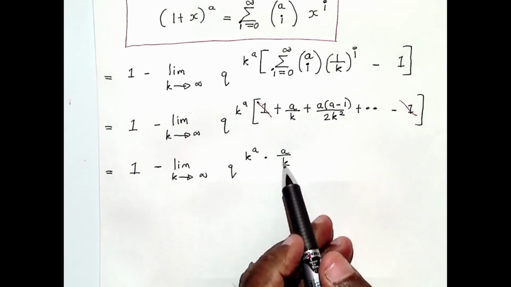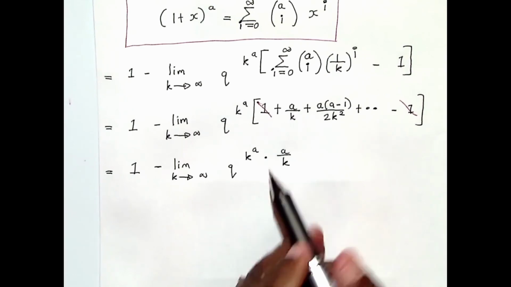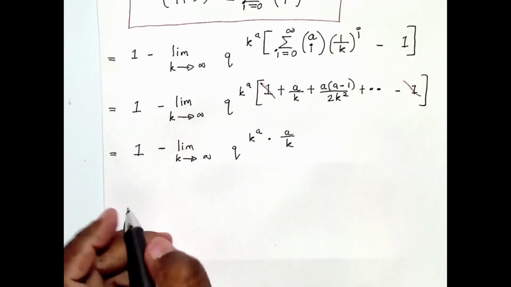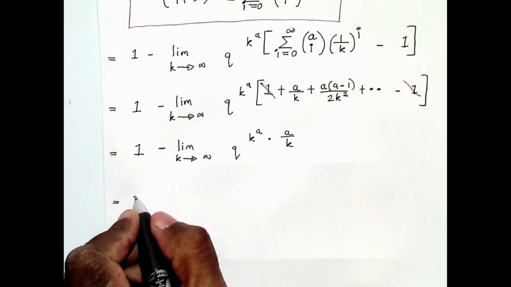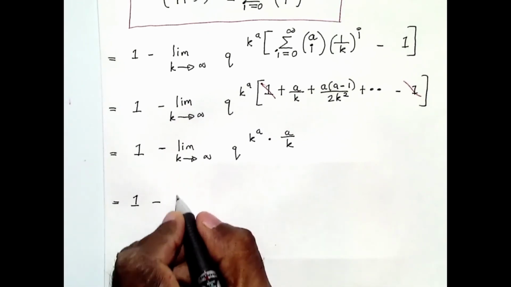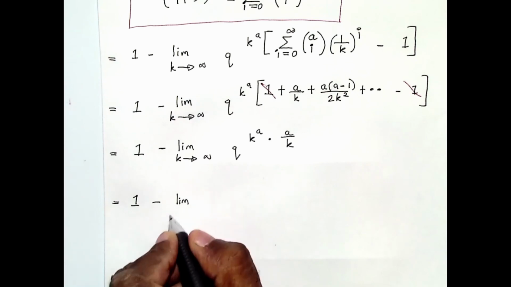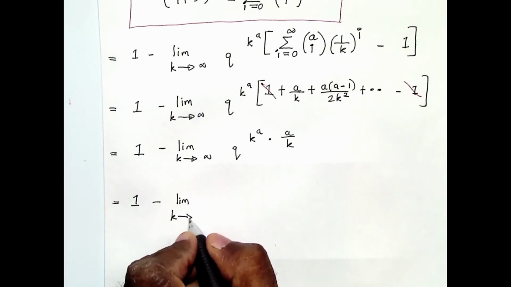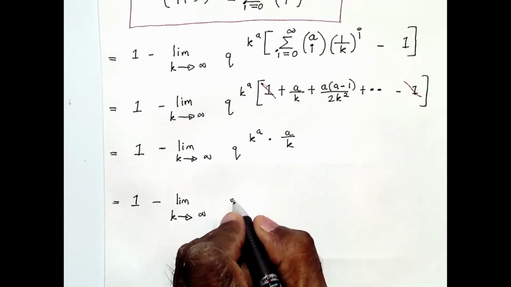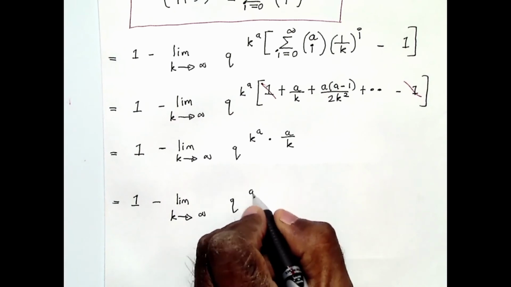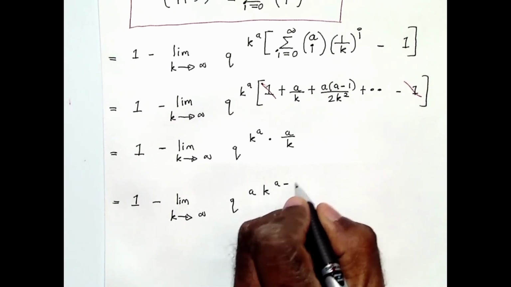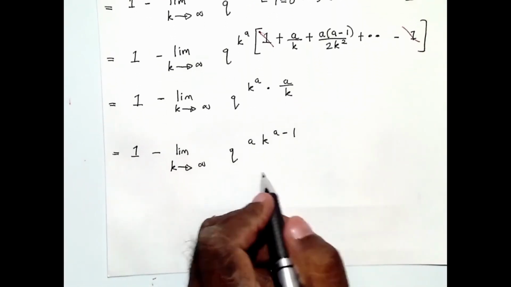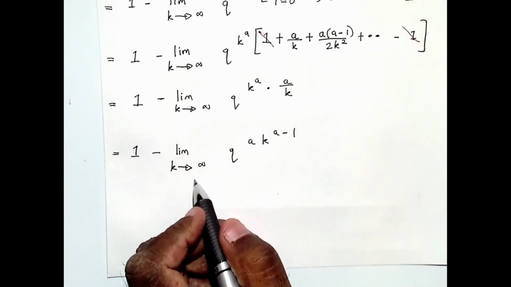So the dominant term is only this one, which I have written here. All right, so this is going to be 1. So what we need to do now is to find the limit of this as k approaches infinity.